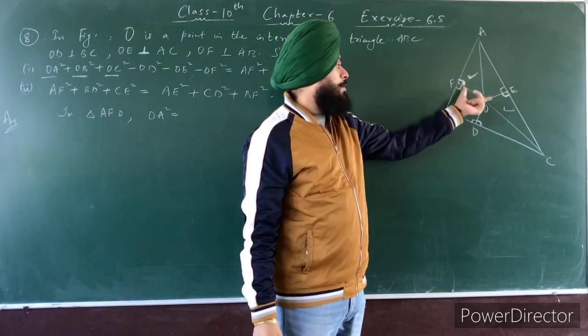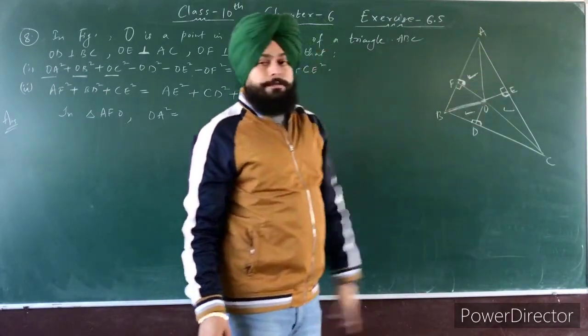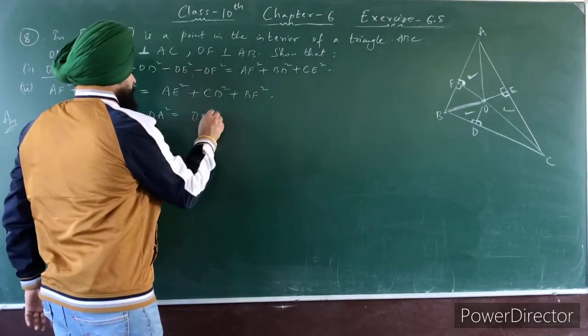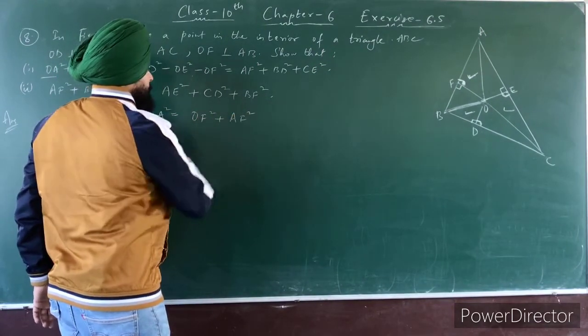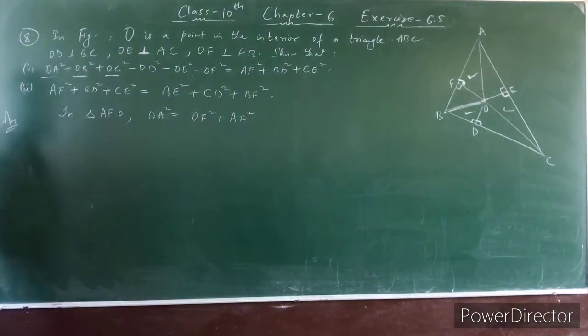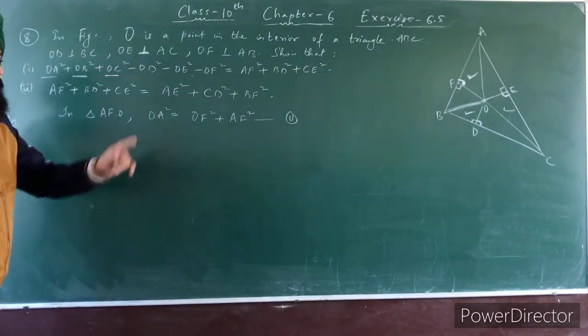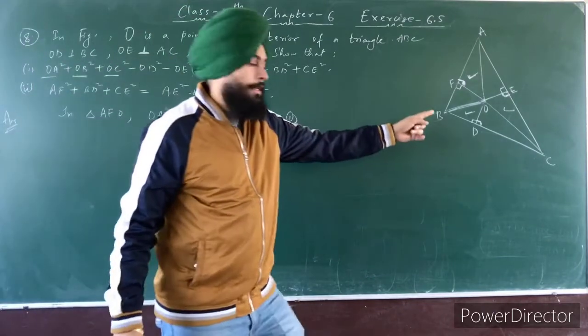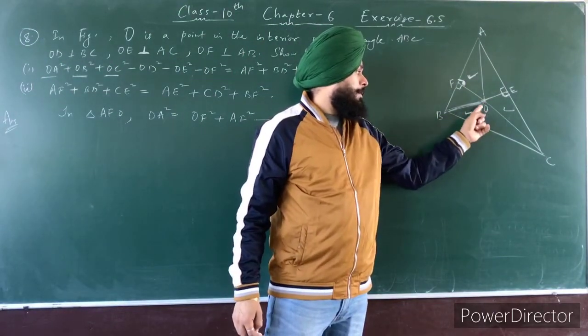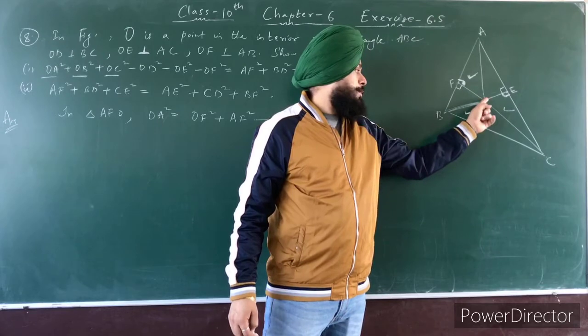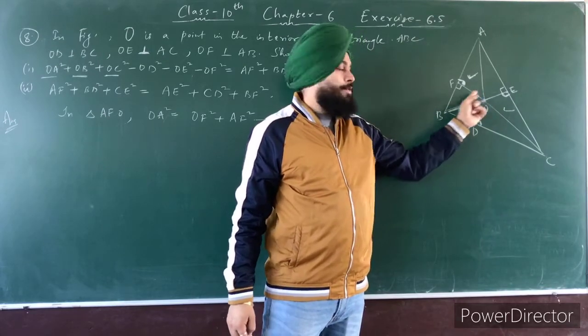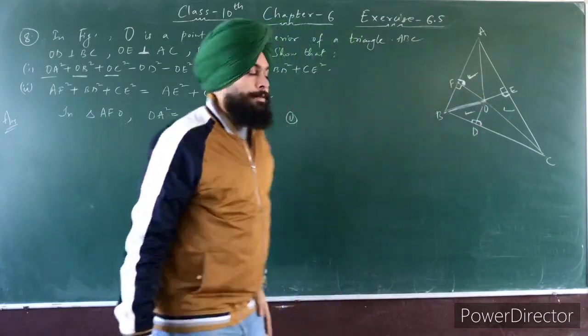The 2 sides are OF and AF. So right here OF square plus AF square. Clear students? This is your equation number 1. Next, triangle BDO. This is the right angle, so the hypotenuse is OB. So OB square is equal to OD square plus BD square.